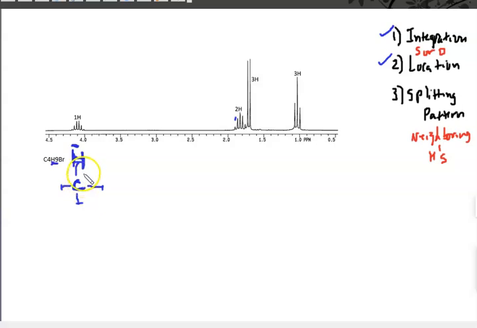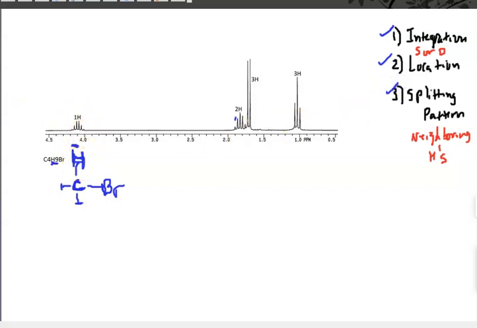The bromine, exactly. Why is it attached to the bromine? Well, that's the only electronegative atom on my molecule. And this is way up at 4, so that means this hydrogen is feeling the effect of an electronegative atom. So bromine must be attached onto this carbon. All right, so the question is, what are the other 2 spots? Well, that's what the splitting pattern is going to tell me. It tells me about the neighboring hydrogens.